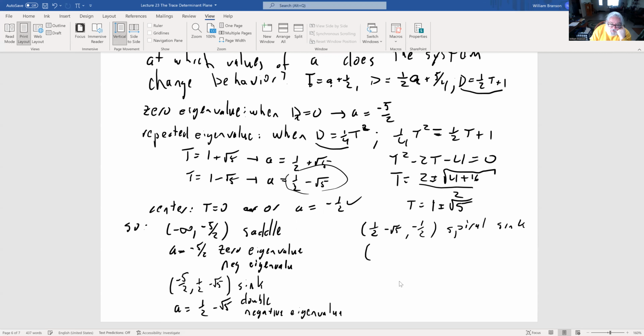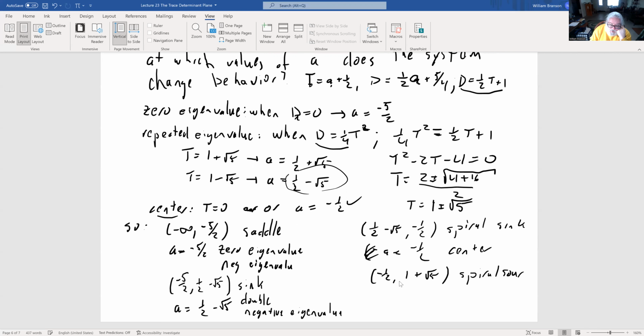And then from a equals minus 1/2, that's where we have the center. When a is from minus 1/2 to 1 plus square root of 5, we have our spiral source.